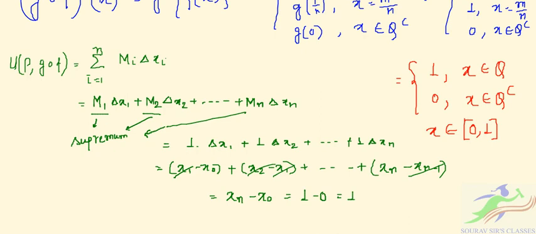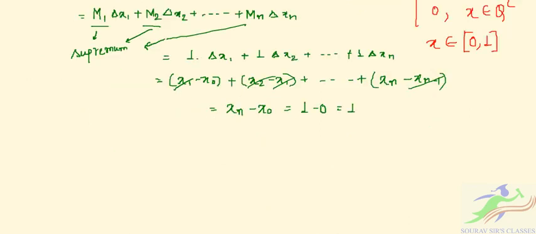Now check with L(P, g∘f), g composite f. How will I write that? It will be the summation of i equal to 1 to n of mi Δxi.